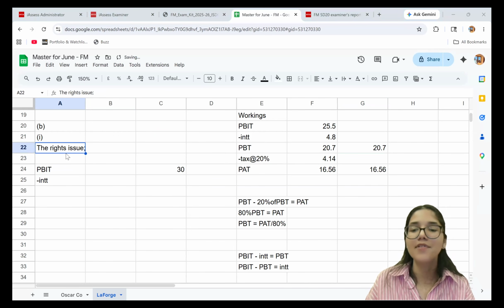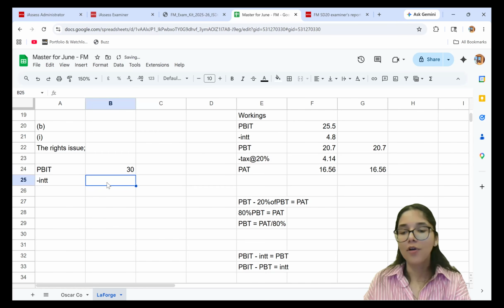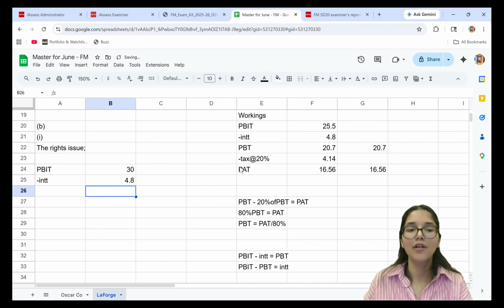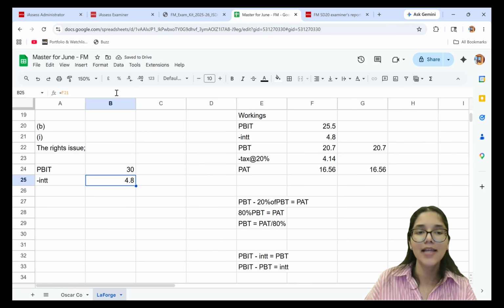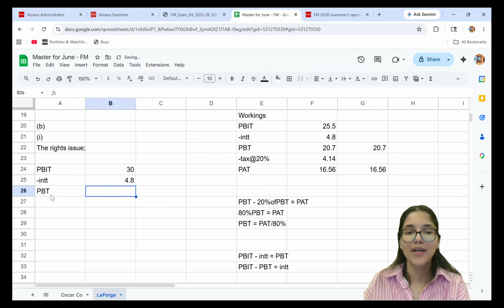No, my interest cost will remain unchanged because I did not take any more or less of debt. So if my PBIT is 30, then from the interest, I've taken this from my workings as it is. I have linked the cell also, you people can see, so that my examiner will know where I got this number from. Then I calculate what I call as my PBT.